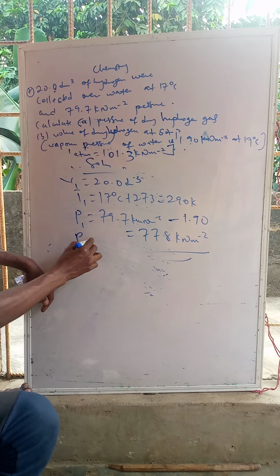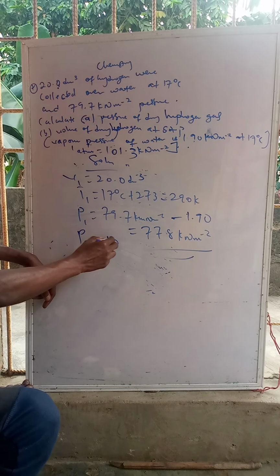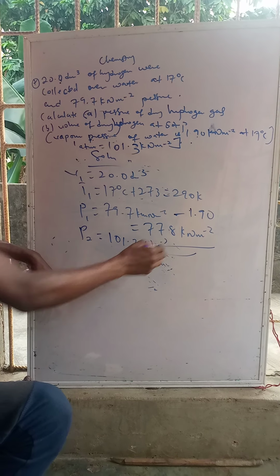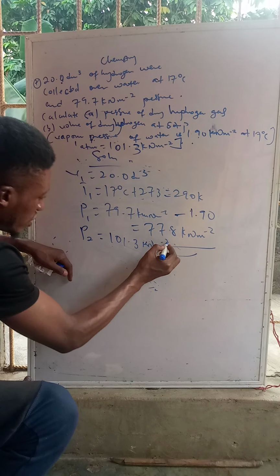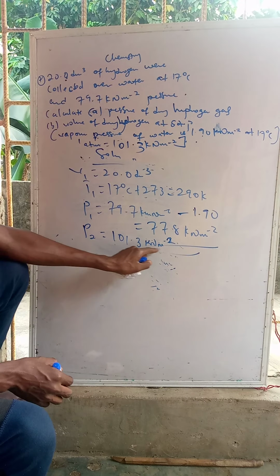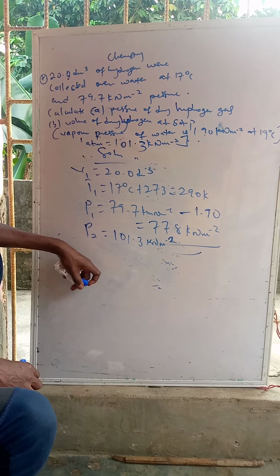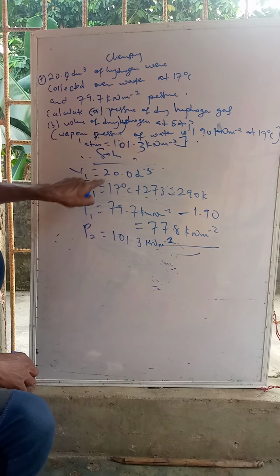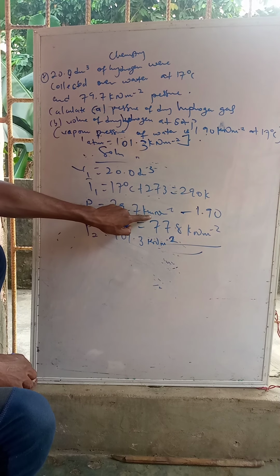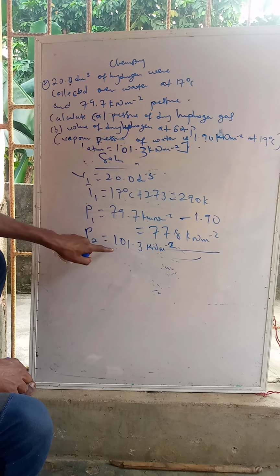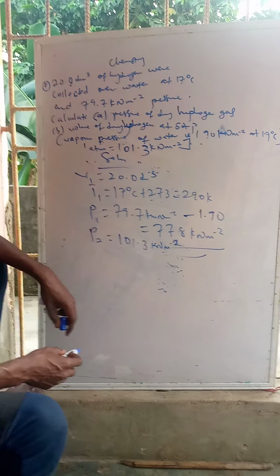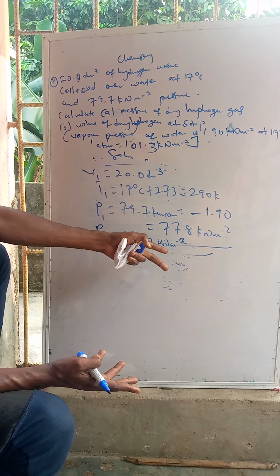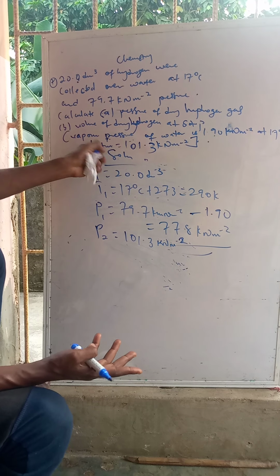Our P2 will be our standard pressure, which is 101.3 kilonewton per meter square. In Newton per meter square, that is going to be 1.01 times 10 raised to the power 5 Newton per meter square, which means Pascal. Maybe our P1 is given in Pascal. Then your standard pressure P2 for that one is going to be 101,325 Pascal. If it's millimeter of mercury, of course, you know it's 760. If it's atmosphere, 1 atmosphere, of course we know that.